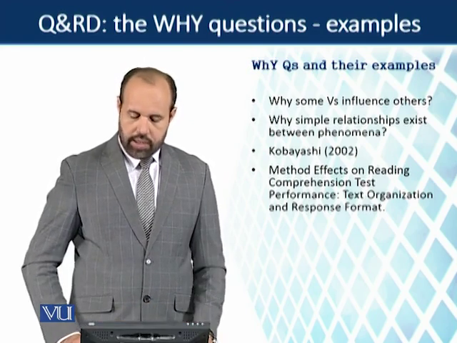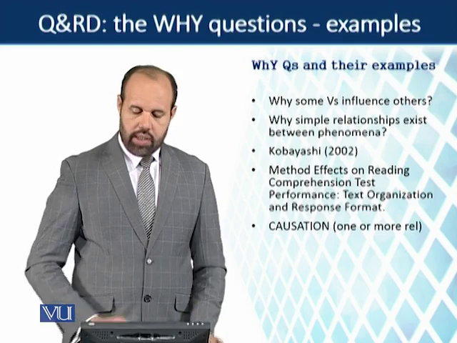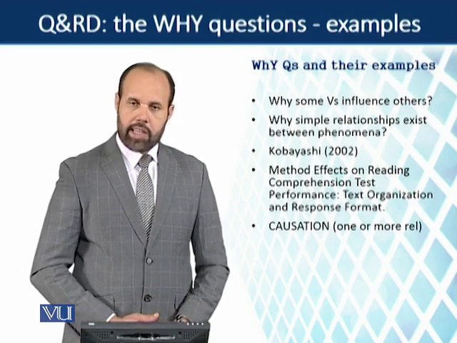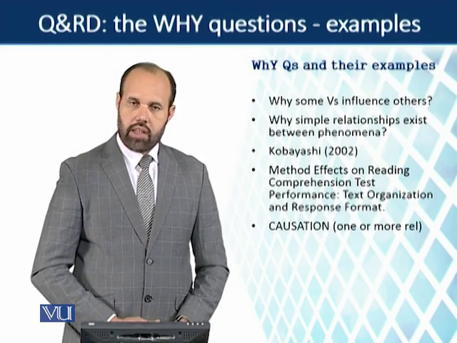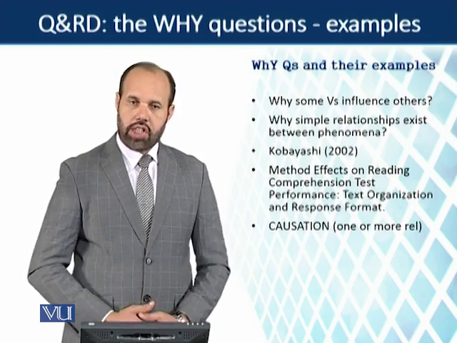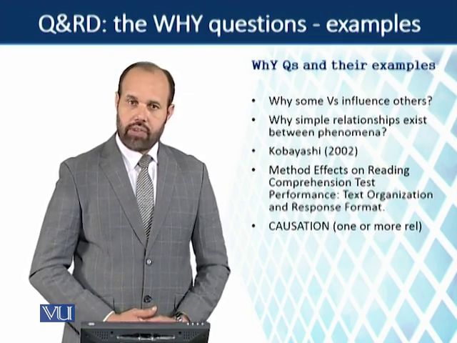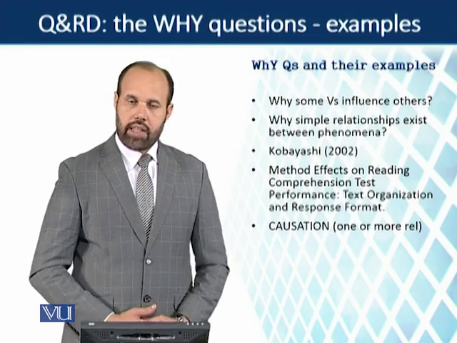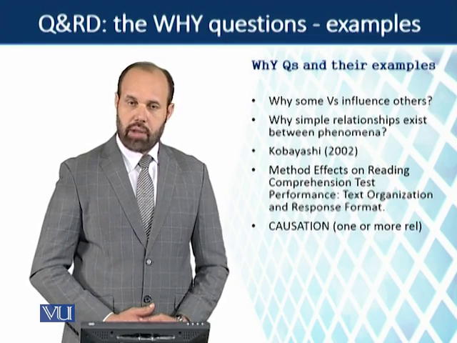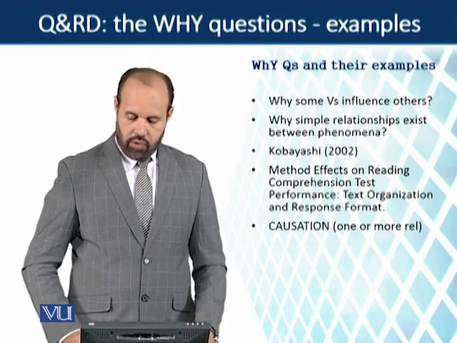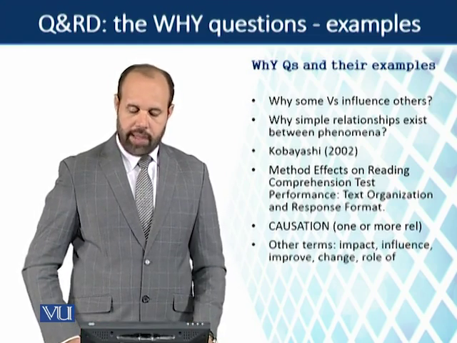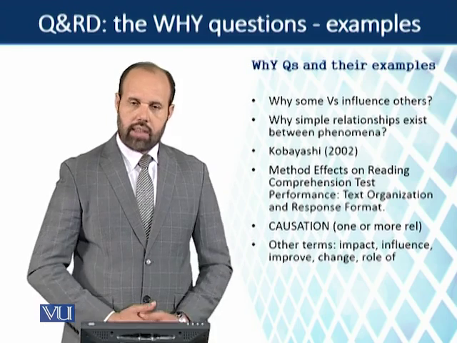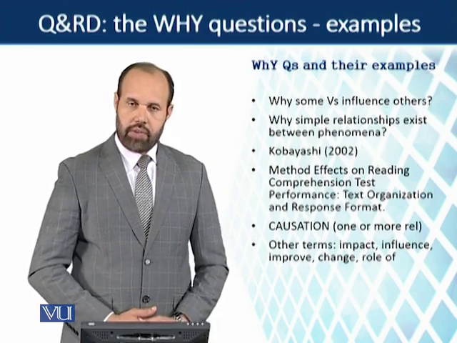Within this study, the researcher is exploring causation, the nature of causation. So for such a study, she needs to go for why types of questions, and she would be exploring this causal relationship.